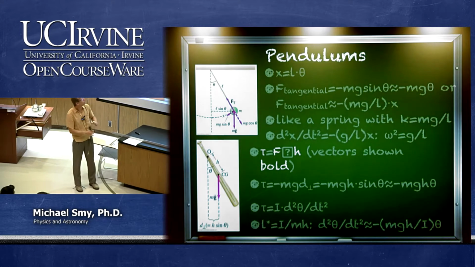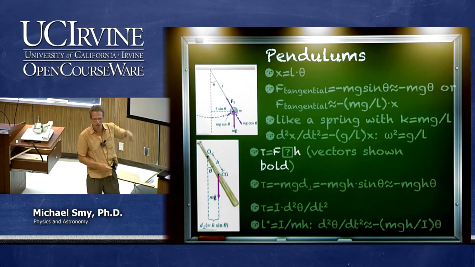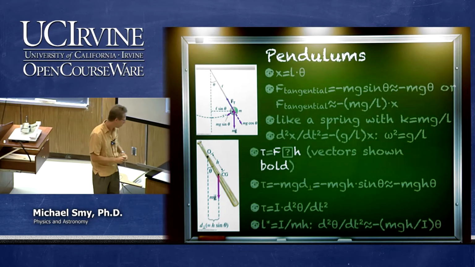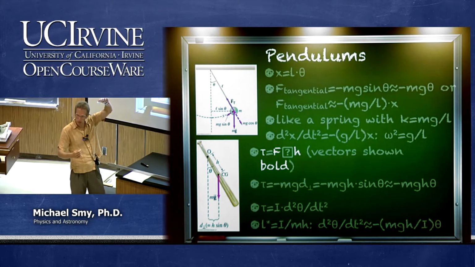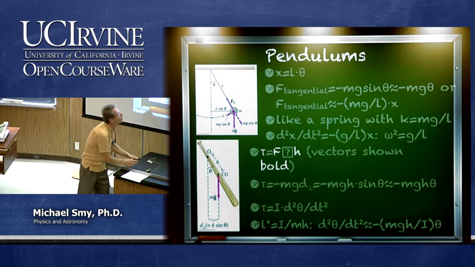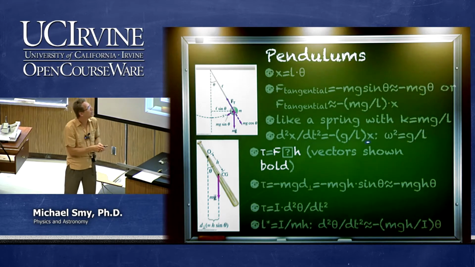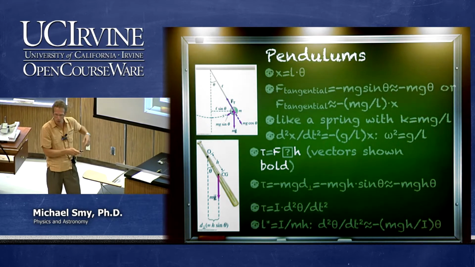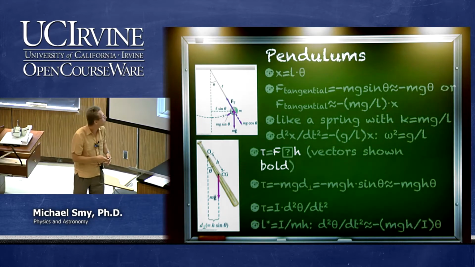And actually, one could use such a simple device to measure the acceleration of gravity, because all I have to do is measure the length of this pendulum, and because of this equation, if I measure the frequency with which it swings, it tells me how big g is.